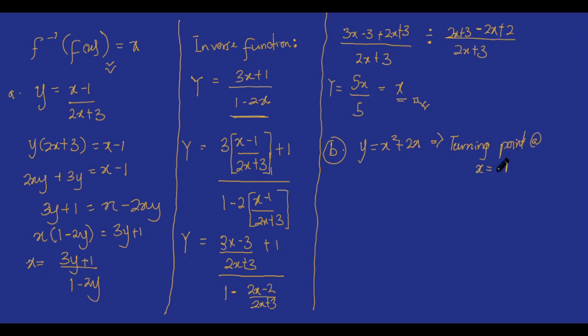So it means we can restrict the domain at this point because values either to the left of minus 1 or to the right of minus 1 now satisfies the condition of function for the original function y is equal to x squared plus 2x and its possible inverse.